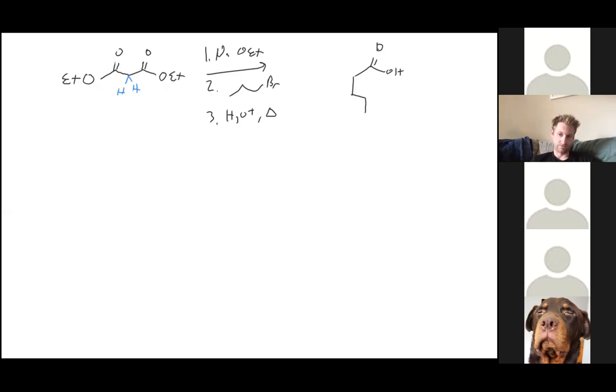We're going to walk through this one a little more stepwise. So NaOEt, let's go ethyl bromide.